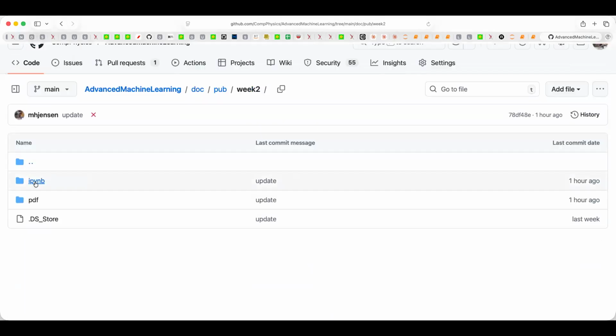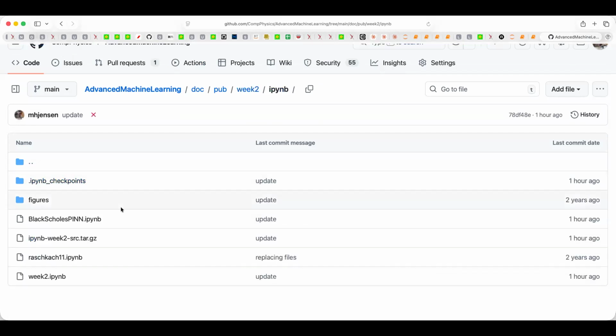If you go to this week's material and look at the Jupyter Notebook, there is one file which is just the lecture notes which you've been seeing till now. There is a similar application in PyTorch from Raschka's book, which you have access to. But then there is the template equation, which I'm going to use to introduce physics-informed neural networks, which is the Black-Scholes equation.